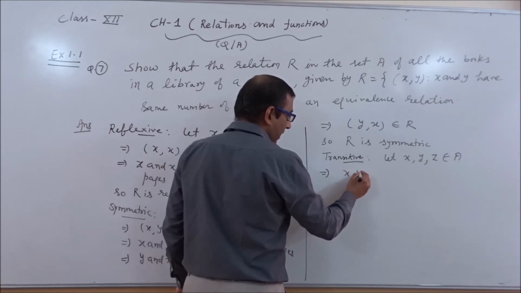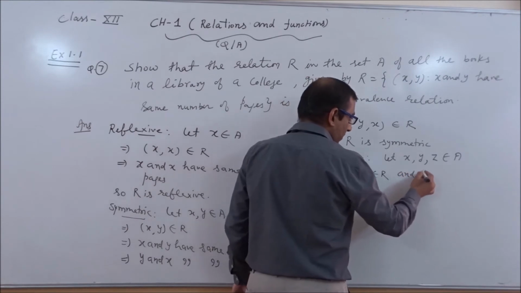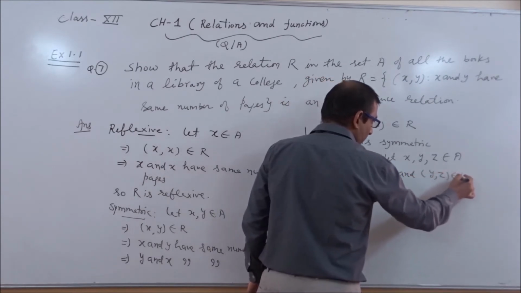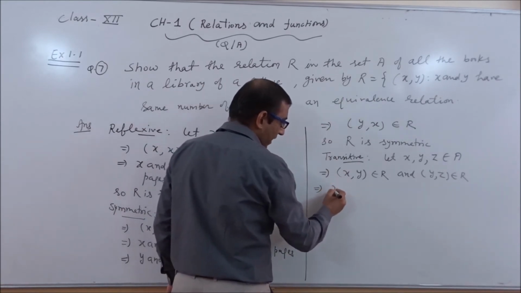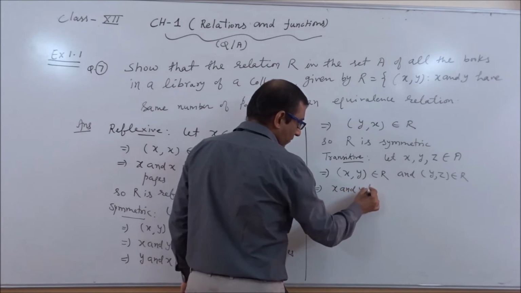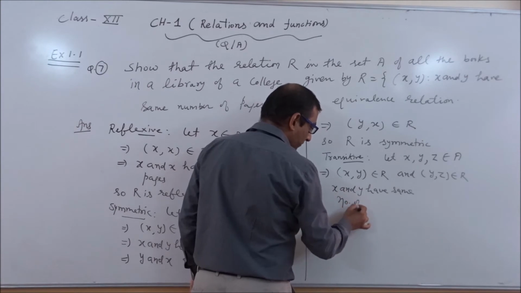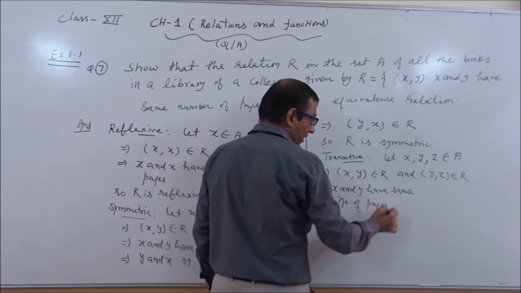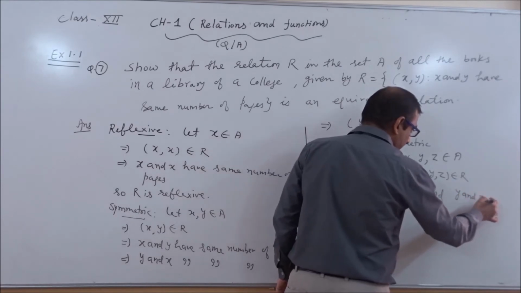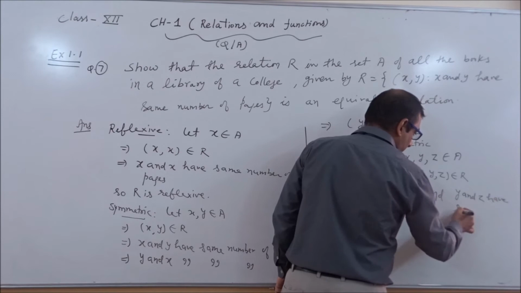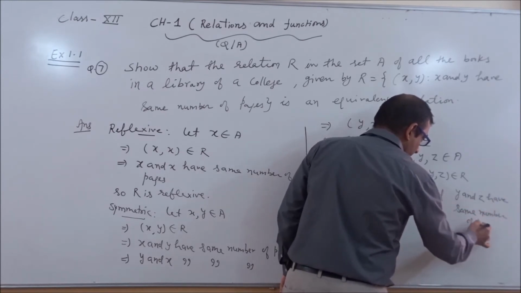We will take (X, Y) belongs to R and (Y, Z) belongs to R. It can be written as X and Y have the same number of pages, and Y and Z have the same number of pages.